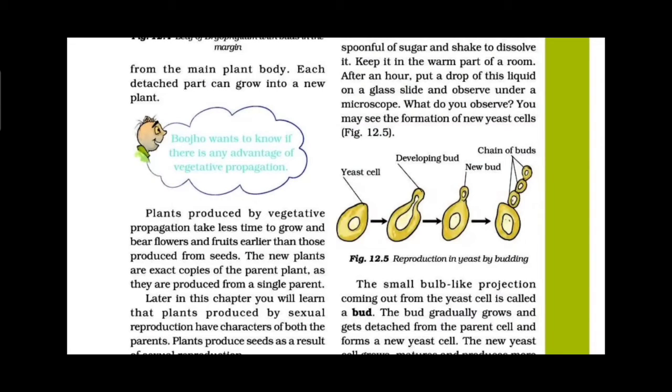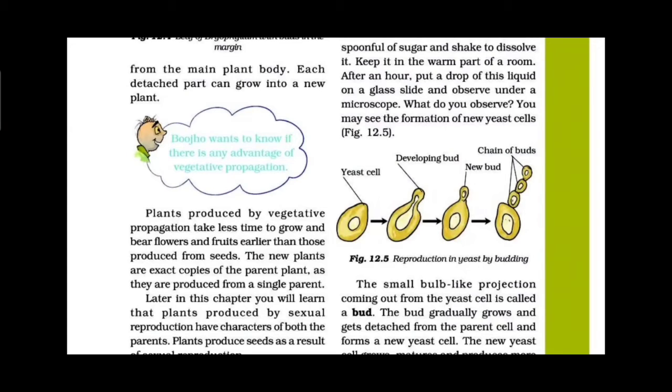Take a pinch of yeast and place it in a container with some water. Add a spoonful of sugar and shake to dissolve it. Keep it in a warm part of a room. After an hour, put a drop of this liquid on a glass slide and observe under the microscope.